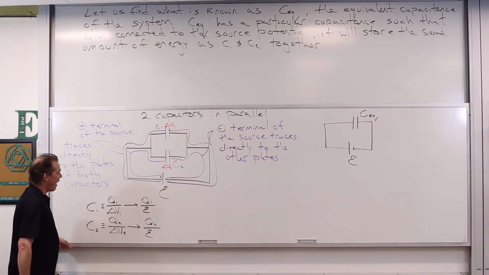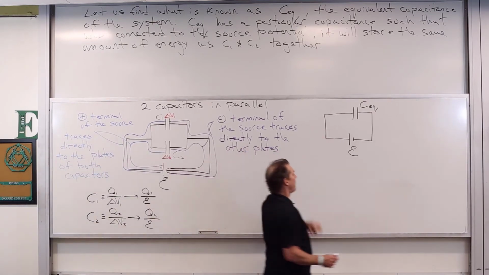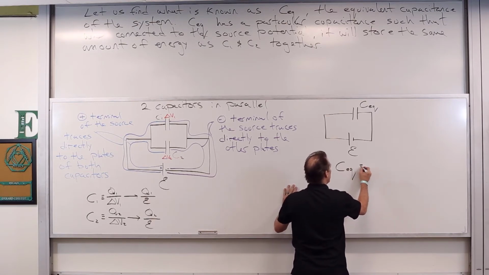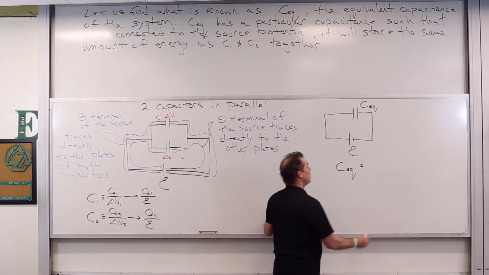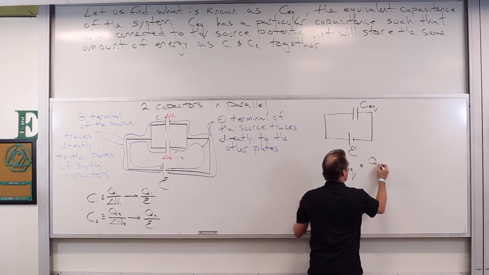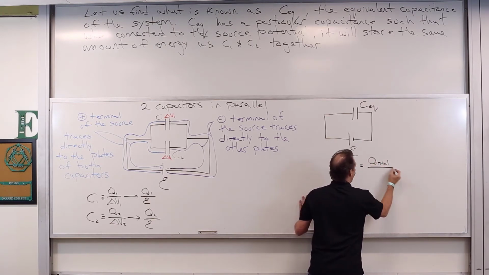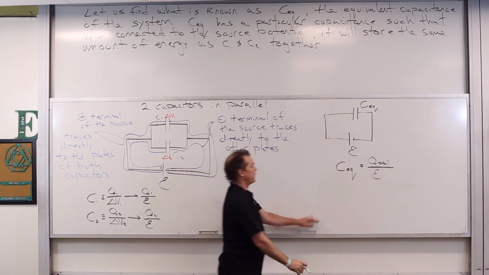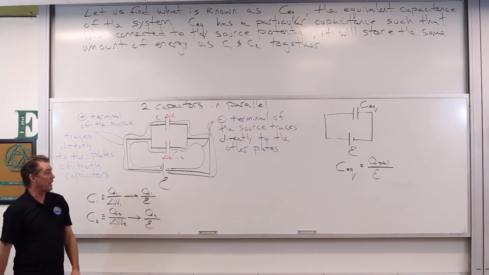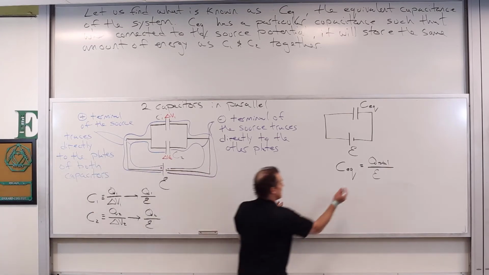Well, let's start off with defining the capacitance of this capacitor. CEQ is going to be equal to, well, the total charge stored divided by the source potential. When we have one single capacitor, that is how we define its capacitance, right? So that is its definition.